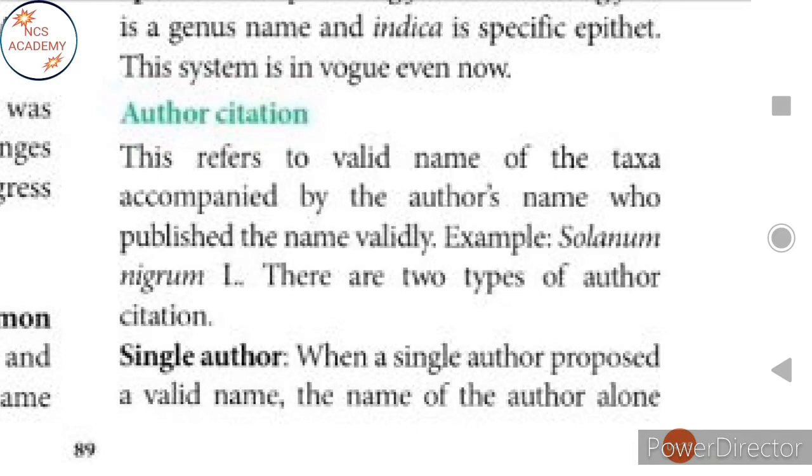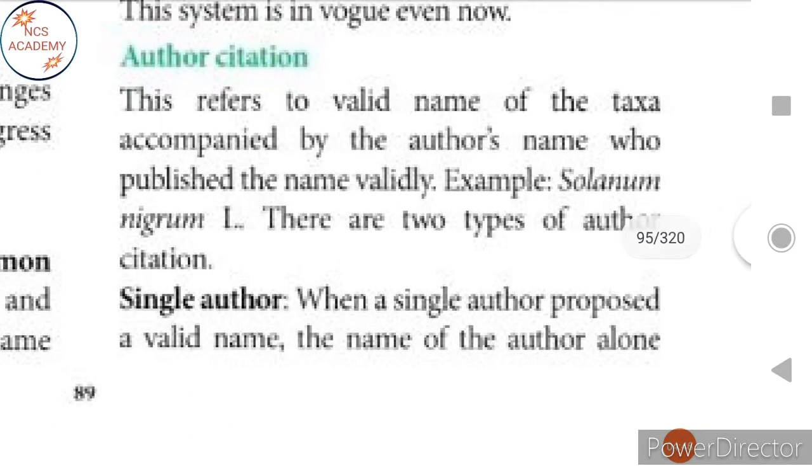His abbreviated form comes at the end of the binomial name of the particular species. Say, for example, Solanum nigrum, first described and named by Carolus Linnaeus. So the abbreviated form L is given after the binomial name.